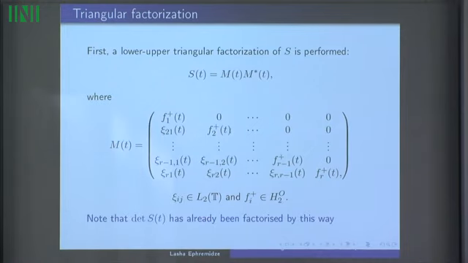By this step we already factorize the determinant, because the determinant of this factor is the product of these diagonal terms and is an outer function already. So in this way the determinant is already factorized.